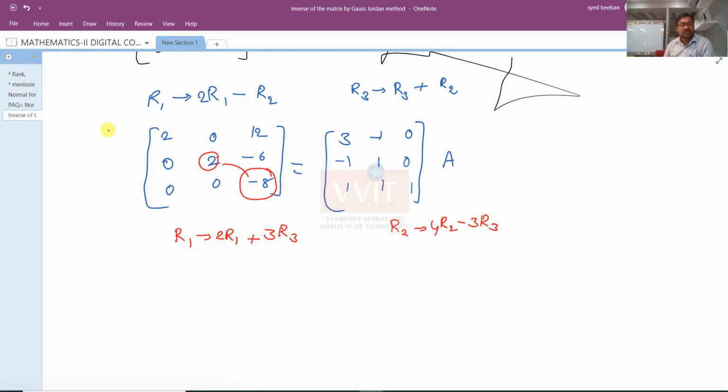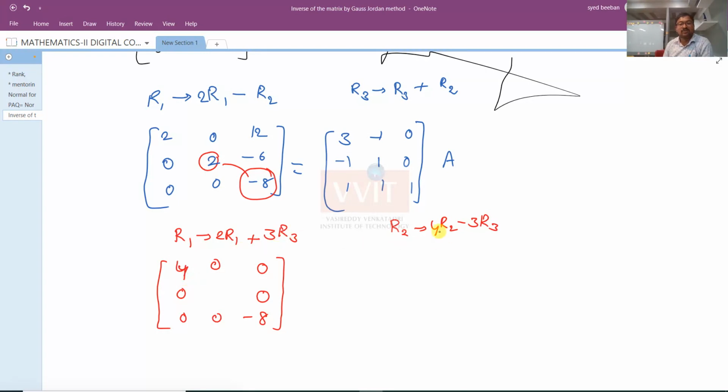So in this, the last row I haven't altered: 0 0 minus 8, and the positions which we made 0, this one 0, this one 0, now these two we made 0. So with this what we may understand is the number of elements to be computed is minimized. So 2 twos are 4, 4 plus 0 is 4, first row completed.